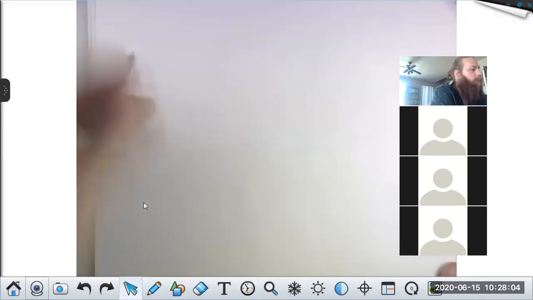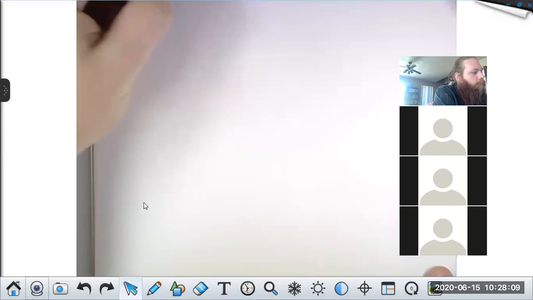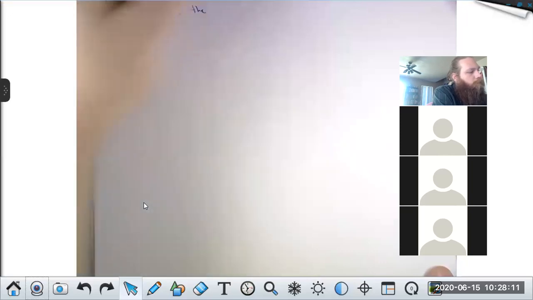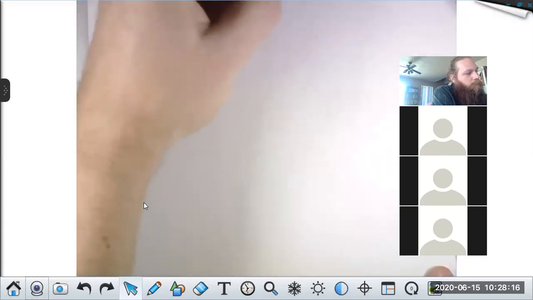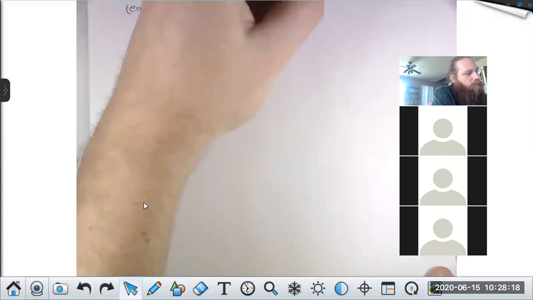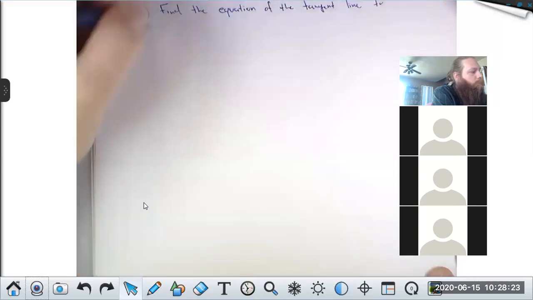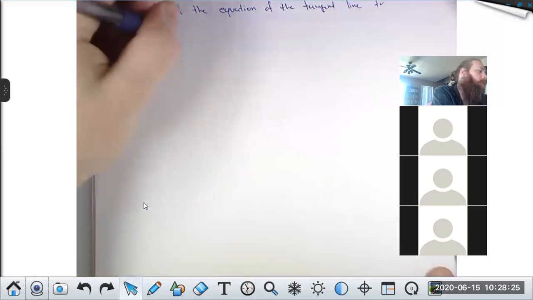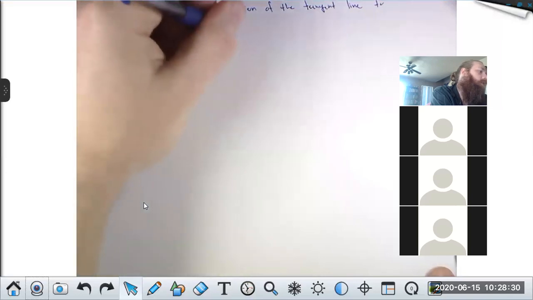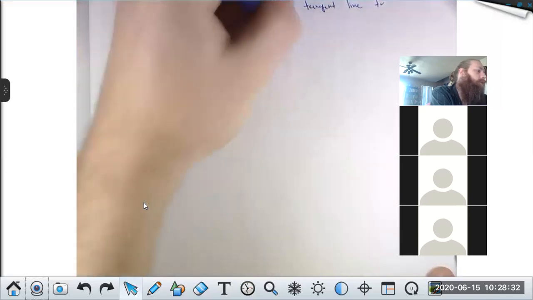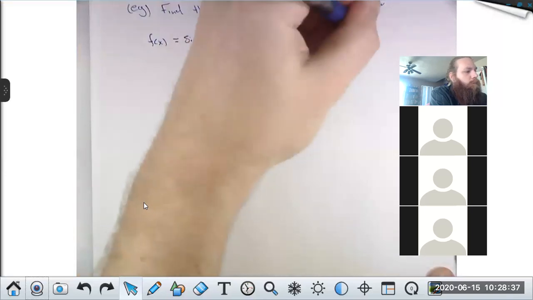But first, let's do 1 or 2 examples using those trig derivatives. So let's find the equation of the tangent line to f of x equals sine x and g of x equals cos x when x equals 0.